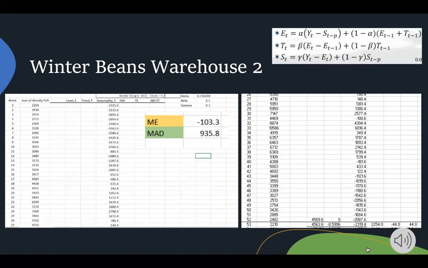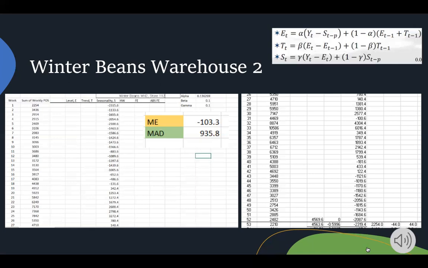finding alpha times the current demand minus the seasonality, plus 1 minus alpha times the previous level plus the previous trend. After finding that, you later find the trend by taking beta times the current level minus the previous level, plus 1 minus beta times the previous trend.